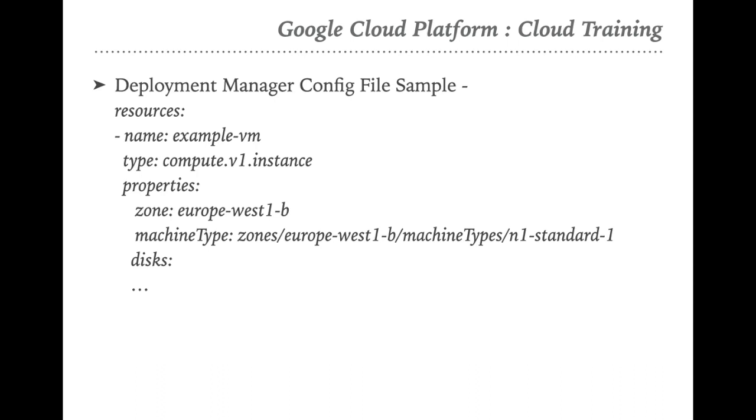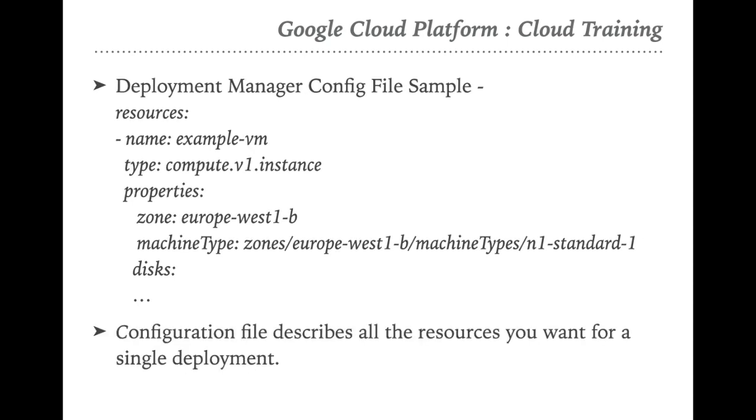Next, we are defining the properties of that compute instance, like the zone, in which particular zone that instance will be deployed, and the machine type that the instance will have. Then we have the disk, the source image, the tags, and the networks. We could have multiple properties for each resource. A configuration file describes all the resources you want for a single deployment.